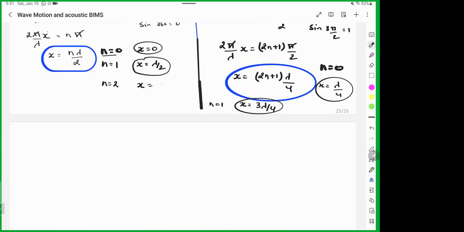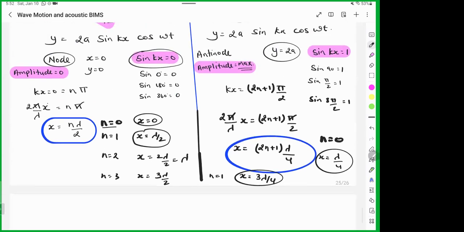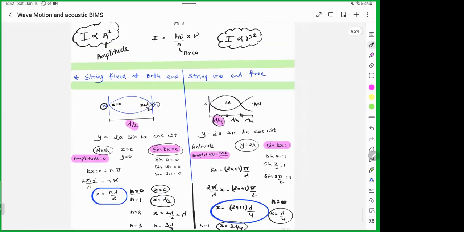Next will be 2 lambda by 2. It means lambda. And 3 lambda by 2. Something like that. 0, half, 1, 1.5, 2, like that. Got it? So this is the comparison.